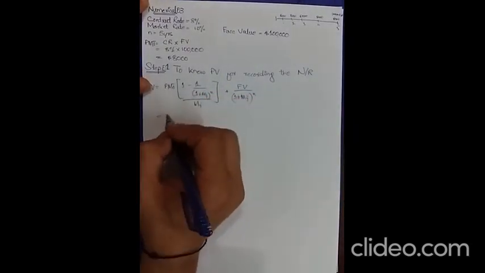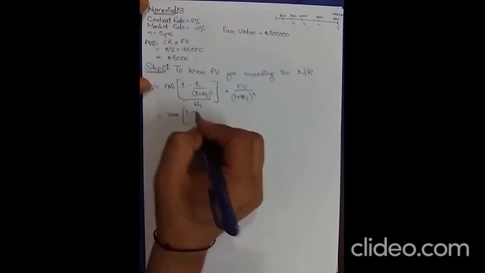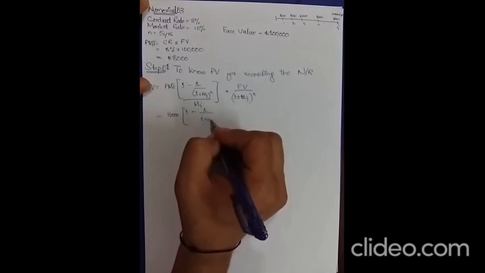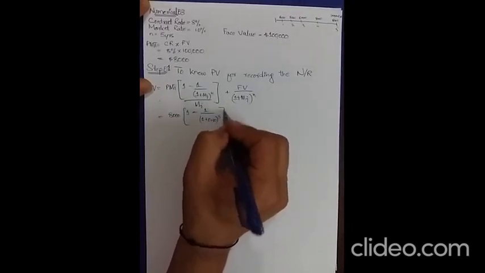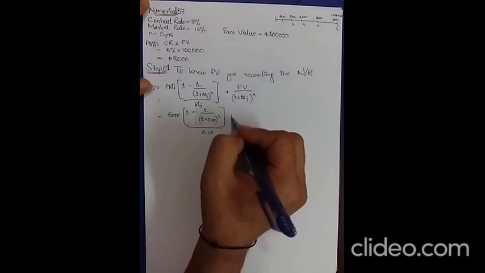Our PMT is $8,000 and the market interest rate is 10%, raised to the power 5, and the whole divided by 10%.